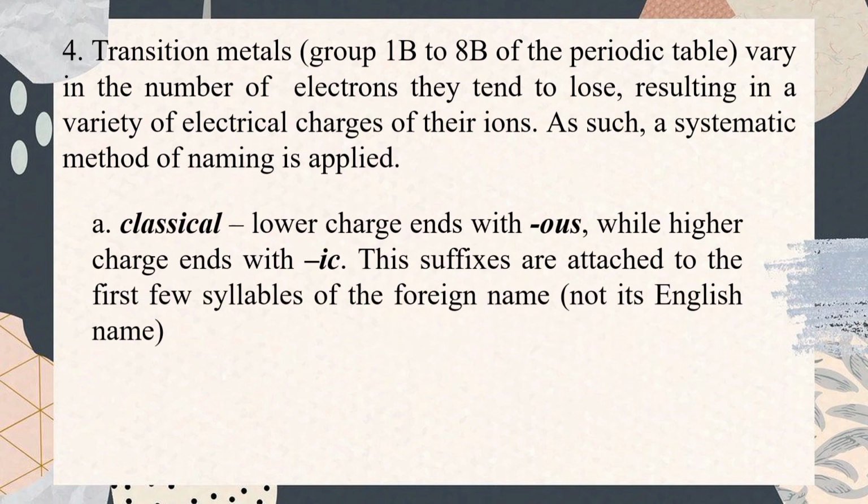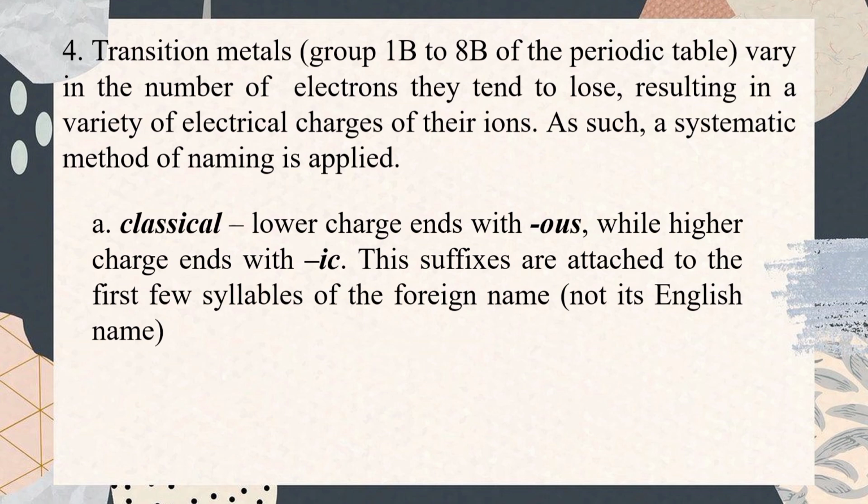In the classical method of naming, lower charge ends with OUS, while higher charge ends with IC. These suffixes are attached to the first few syllables of the foreign name.